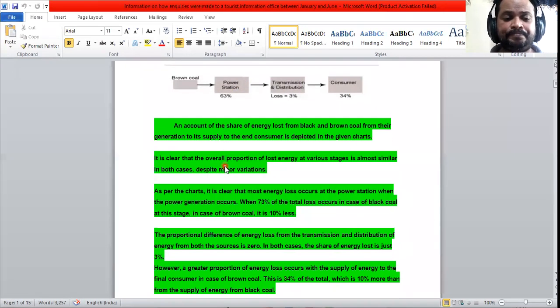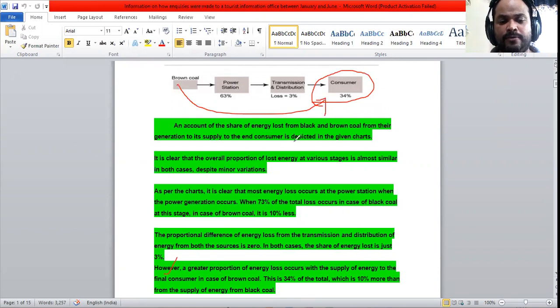Let's go ahead. The last paragraph. However, it's not the case here. I have used the word however. A greater proportion of energy loss occurs with the supply of energy to the final consumer. Increase of brown coal, and this is 34% of the total.